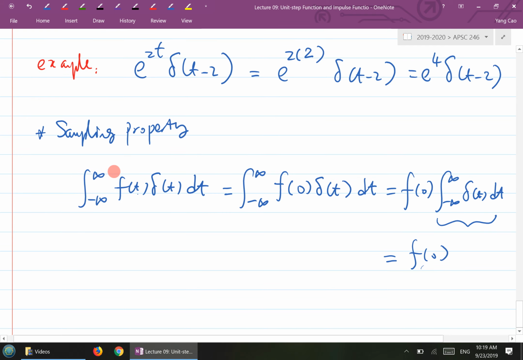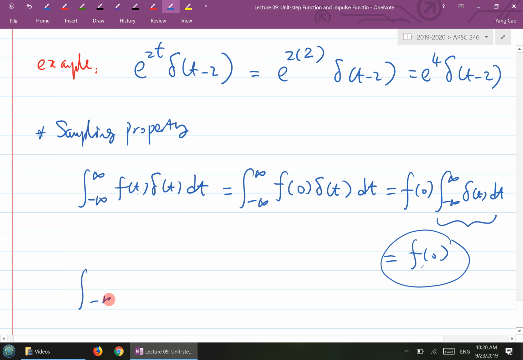But it does provide a sampling nature. When you use f of t times this and do the integral, you're left with the value of the function f at t equal to 0. This is what we call sampling. You take a sample out of f of t at t equal to 0.